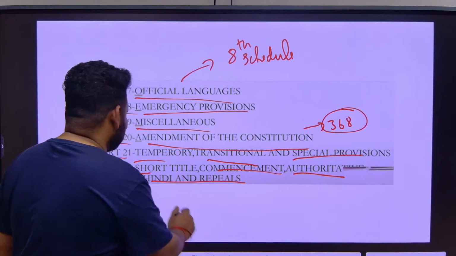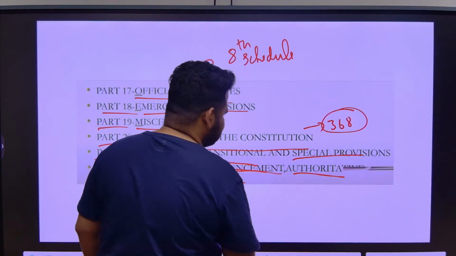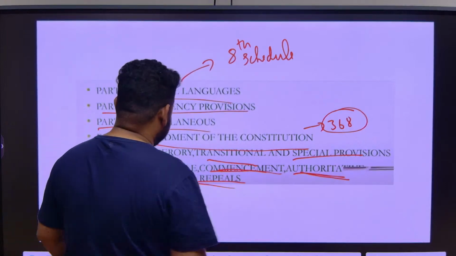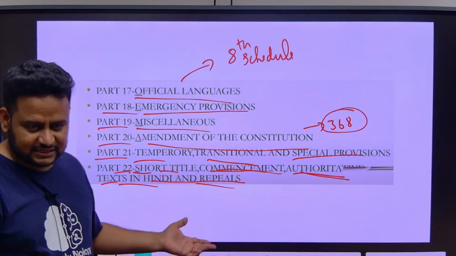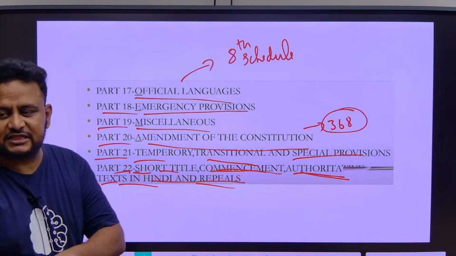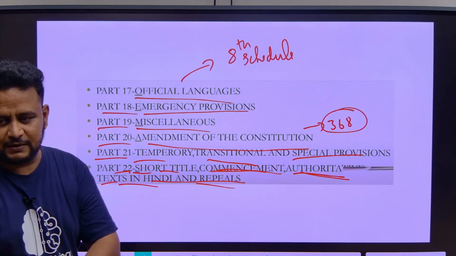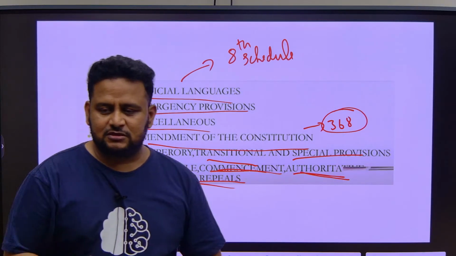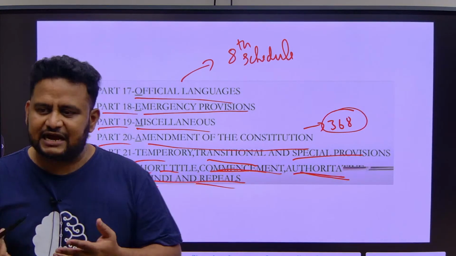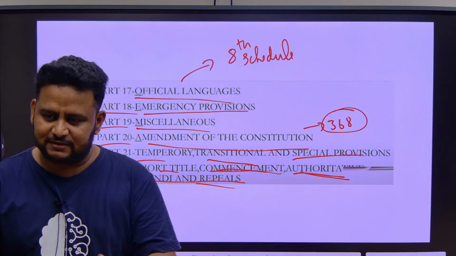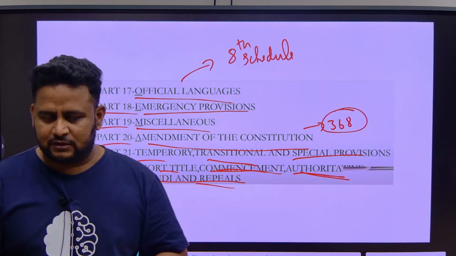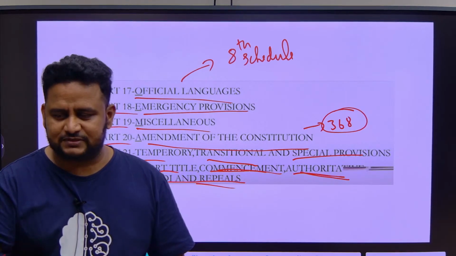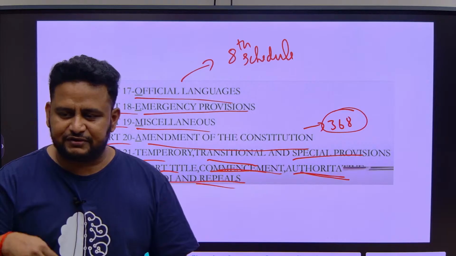So, short title, commencement of the constitution, authoritative text in Hindi and repeals. Authoritative text means some texts are in Hindi, and repeals means the things that have been removed. Repealing means, suppose I have given you a textbook, and in the textbook some concepts or MCQs are wrong questions.